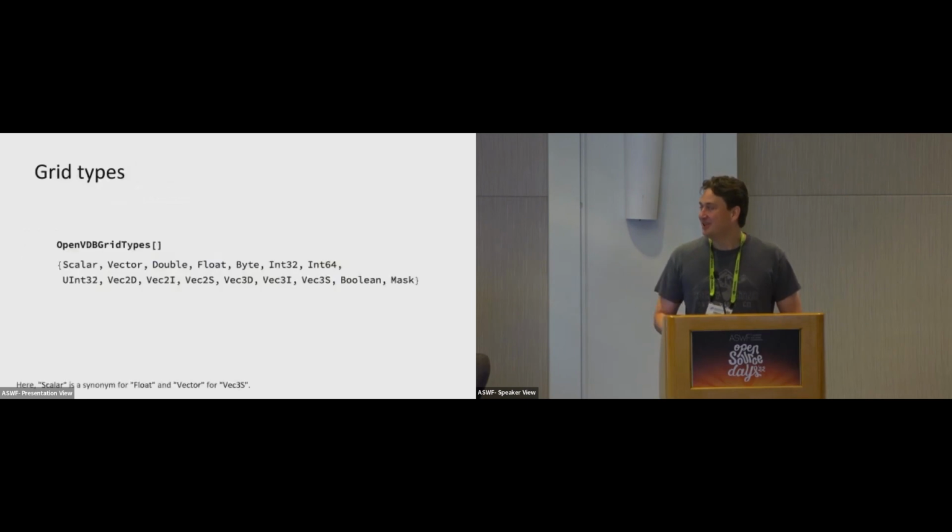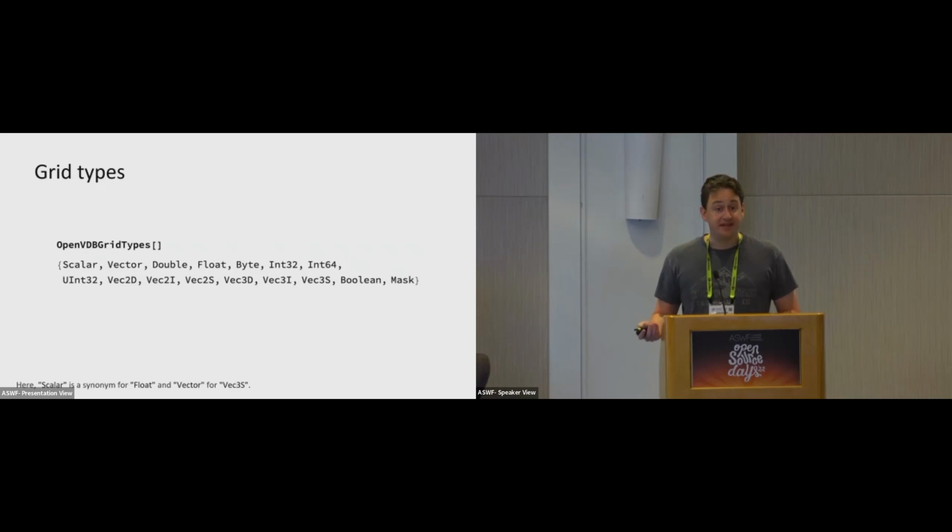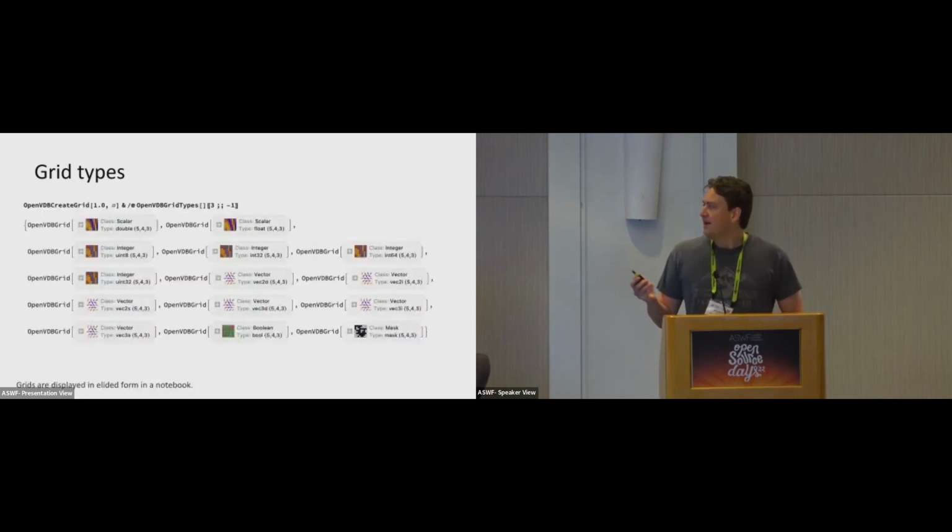But let's actually take a look. So Mathematica is a notebook-based environment, sort of like a Jupyter notebook. So you basically hit Shift-Enter on your input, and then you get an output cell. And you can work from there. So the first thing I want to look at are the available grid types you can access within Mathematica. Effectively, it's just every default grid that VDB ships with, with the addition of a byte grid, which is something that I've been using internally.